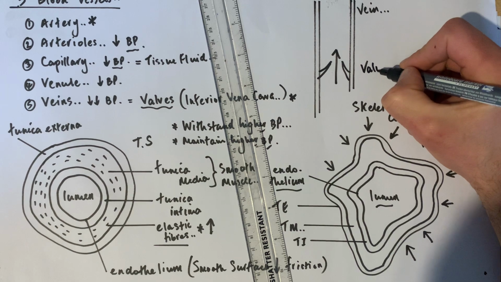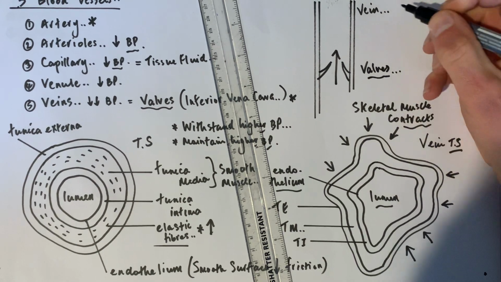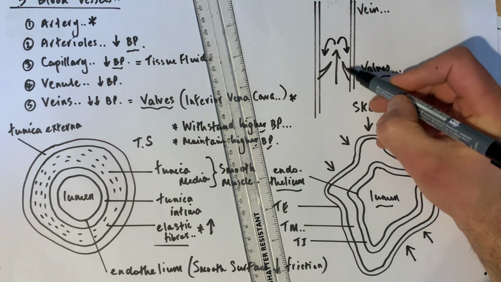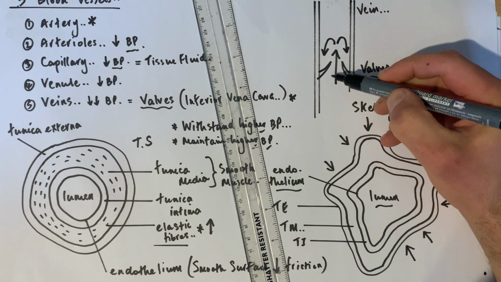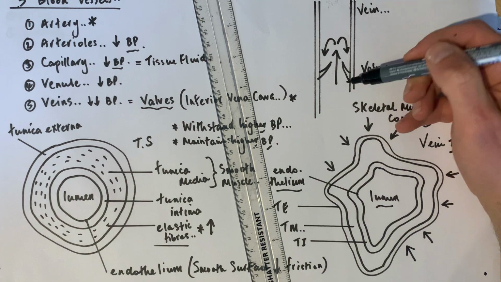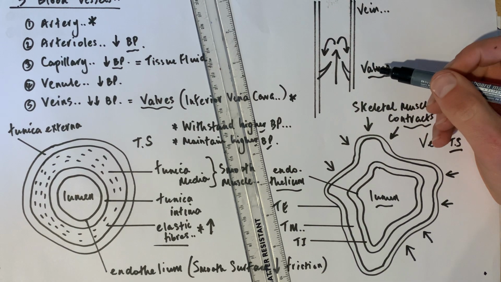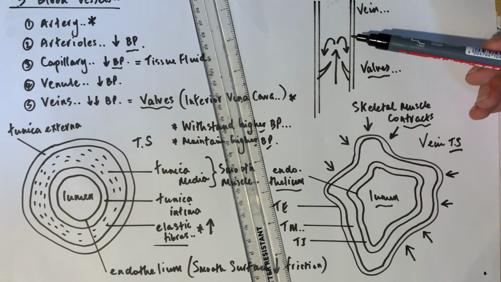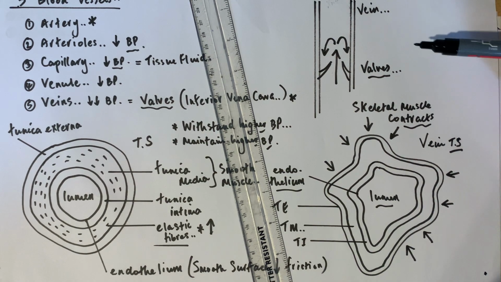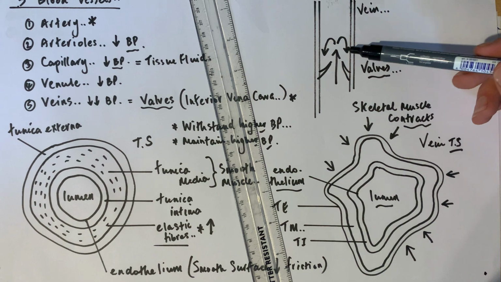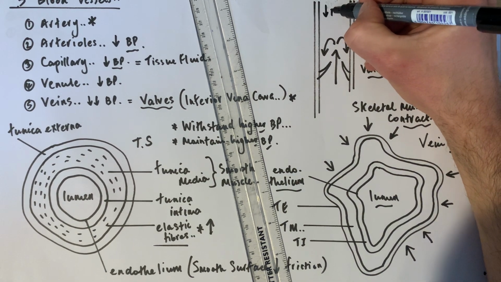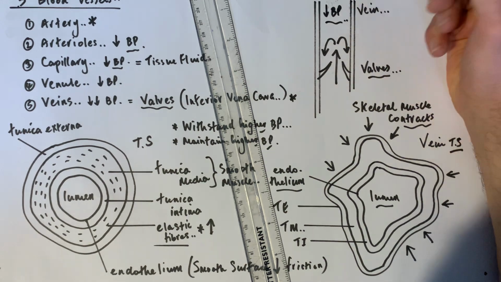So veins can have valves. But what happens is the blood falls back into the pockets of the valve, and that snaps shut the valve. So there's no backflow of blood back down the vein. So essentially what happens is the blood moves up in stages through the veins back up to the major veins like the inferior vena cava, and therefore back into the right atrium eventually under, remember, a very low blood pressure.